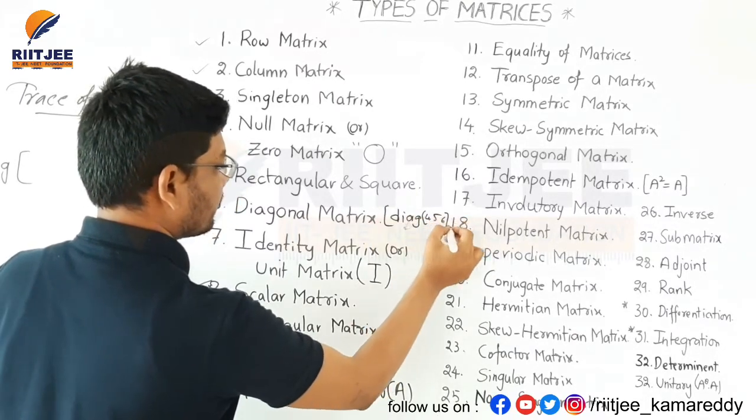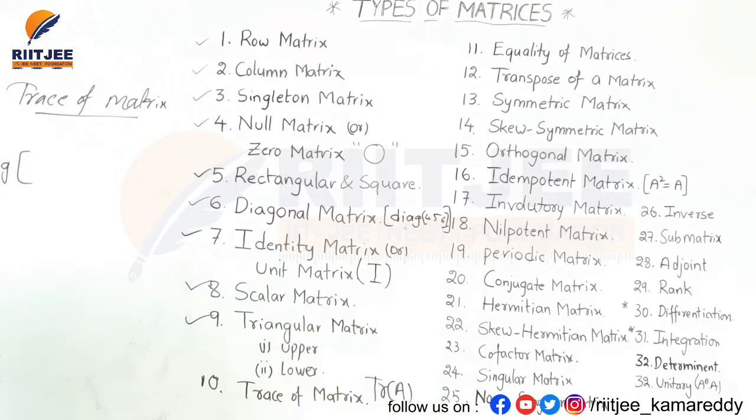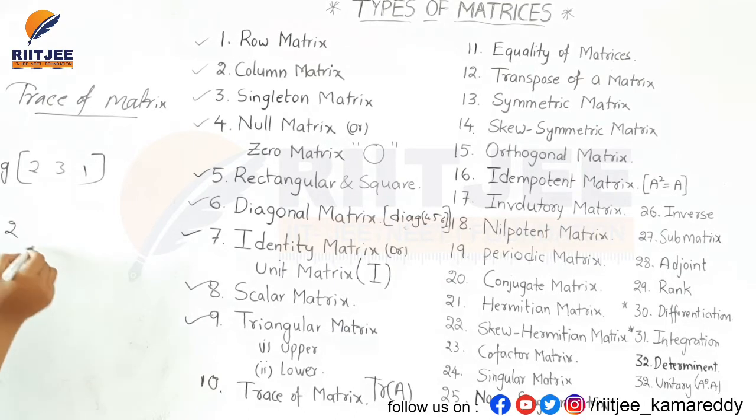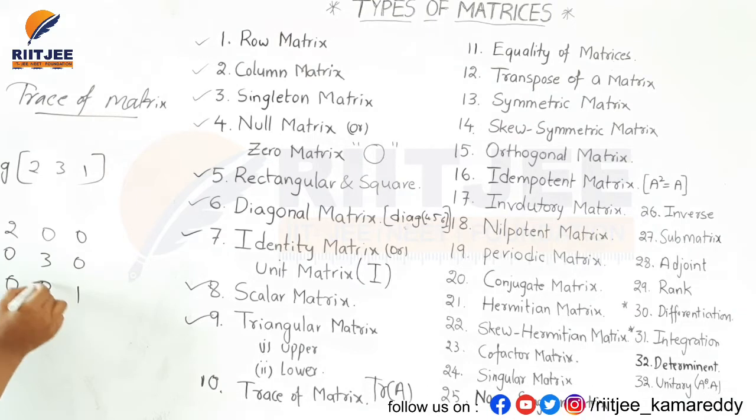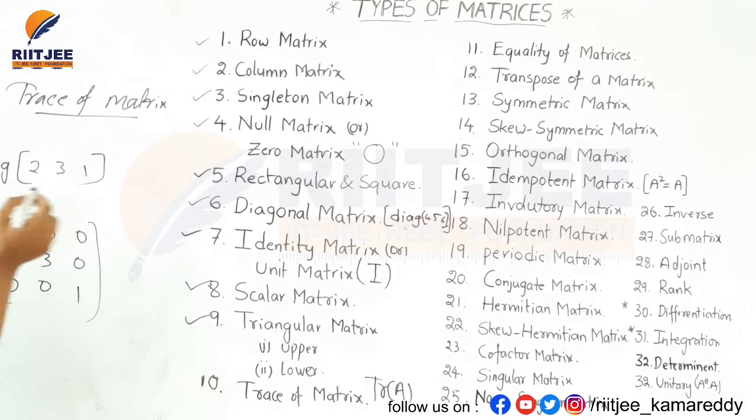This is the representation of diagonal elements, DIAG of 2, 3, 1. Here the matrix has 2, 3, 1 on the diagonal and zeros elsewhere. DIAG of A is equal to 2, 3, 1.